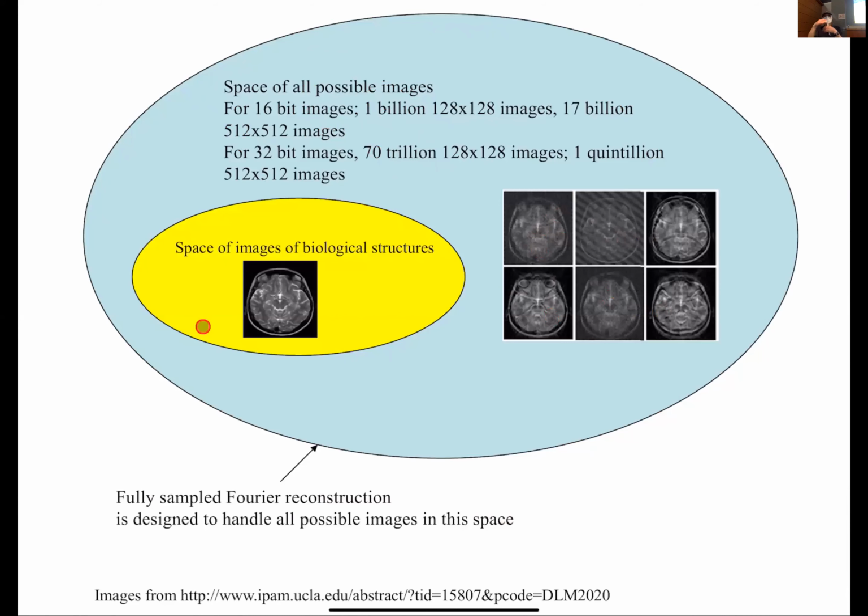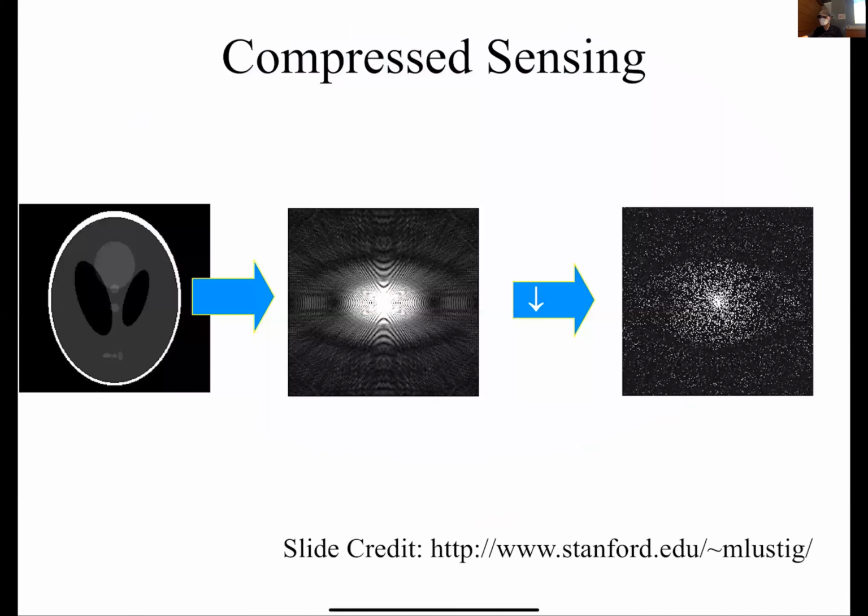So if I limit what can be the right answer, I should be able to go faster. So the first thing we can look at is compressed sensing. This came out of the statistics literature, and then by some people at Stanford and Berkeley, and then a grad student at Stanford took it on and applied it to MRI, and that's really how that got into the MRI world.